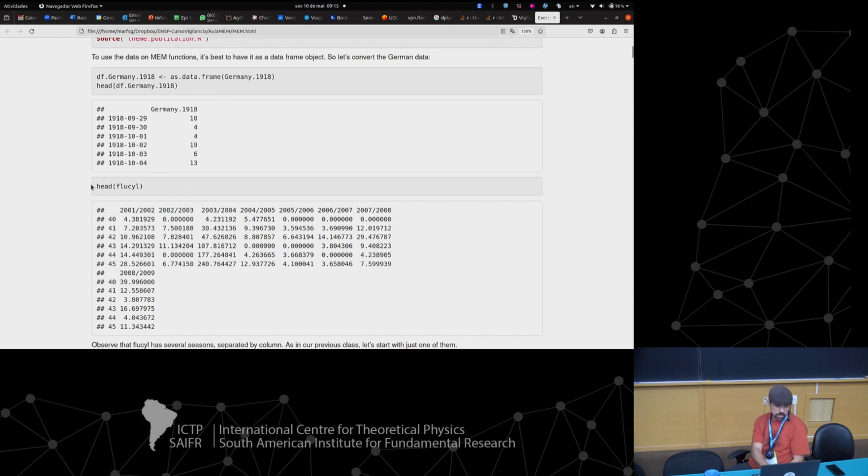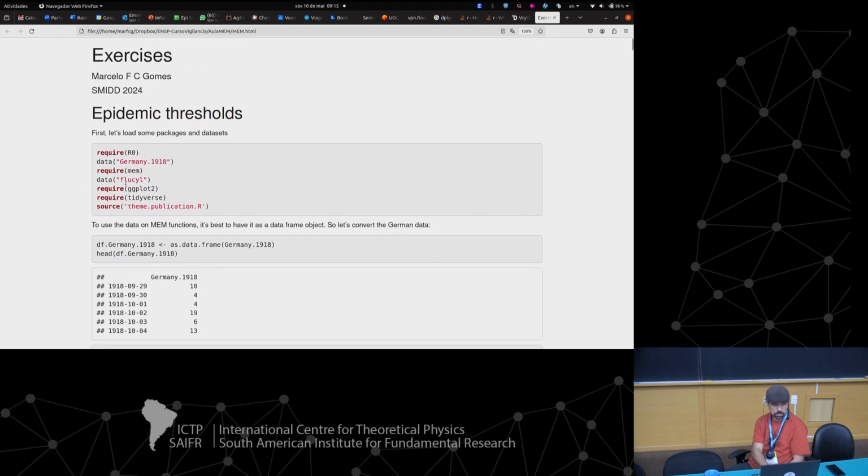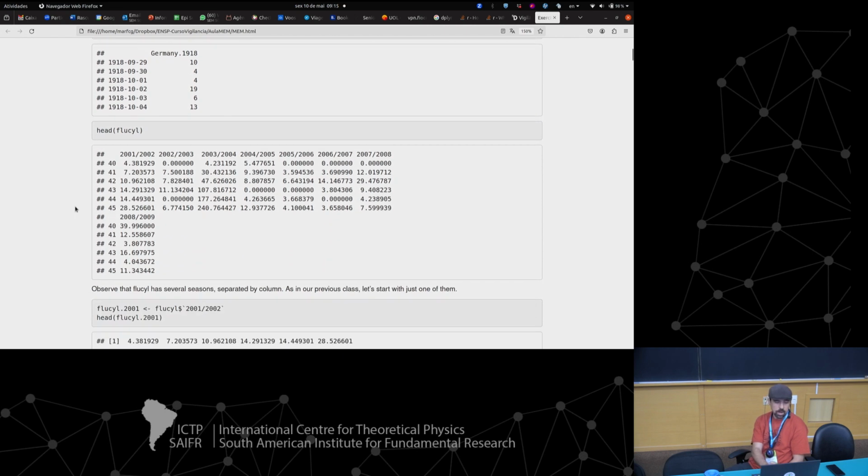Now, in the case of the flu data set that we imported here from the MEM package, we have influenza-like cases observed in Castilla y León in several different seasons. So again, each row now is a week.